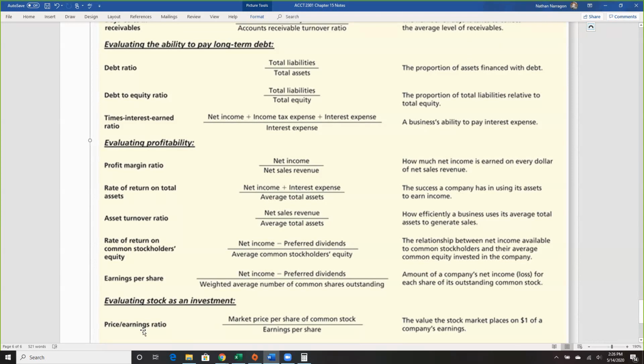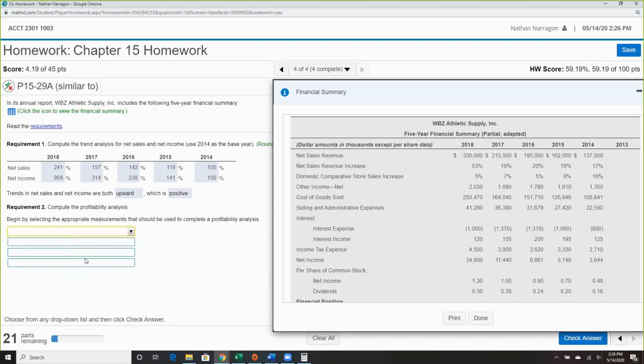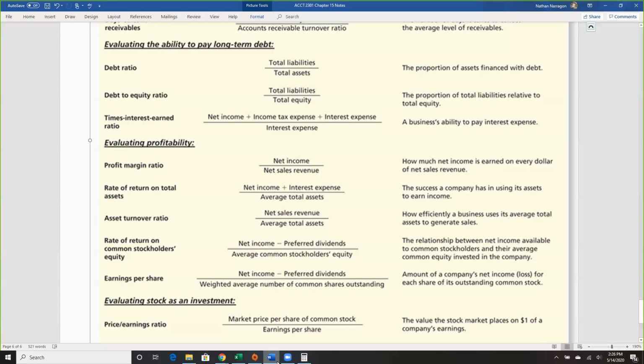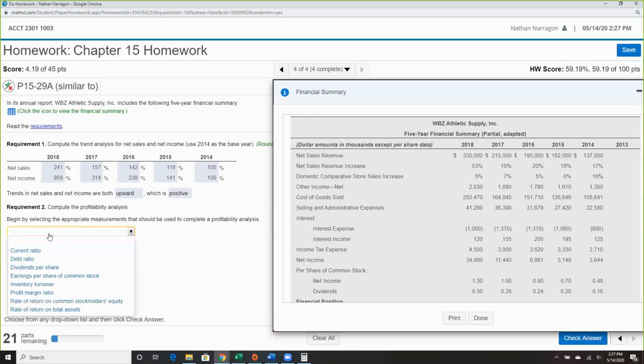We have 5 blanks, but only 4 options, so I guess we can only take what they're giving us. We have profit margin, rate of return on total assets, asset turnover, rate of return on common stockholders' equity, and earnings per share. So we'll find out which one of those does not belong.